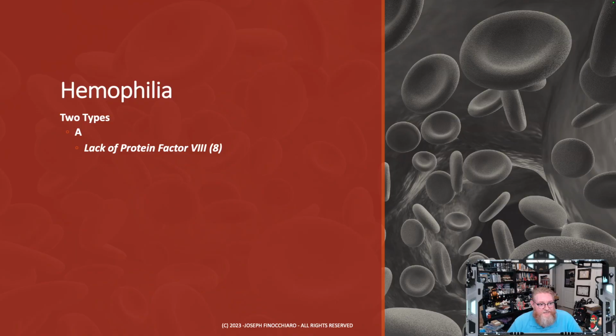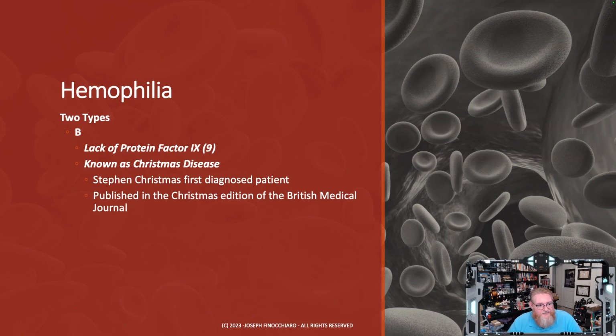There are two types: hemophilia A, which is a lack of protein factor 8, and B, which is a lack of protein factor 9, which is also known as Christmas disease. Stephen Christmas was the first diagnosed patient, and it was also the first known instance of this was reported in the Christmas edition of the British Medical Journal.